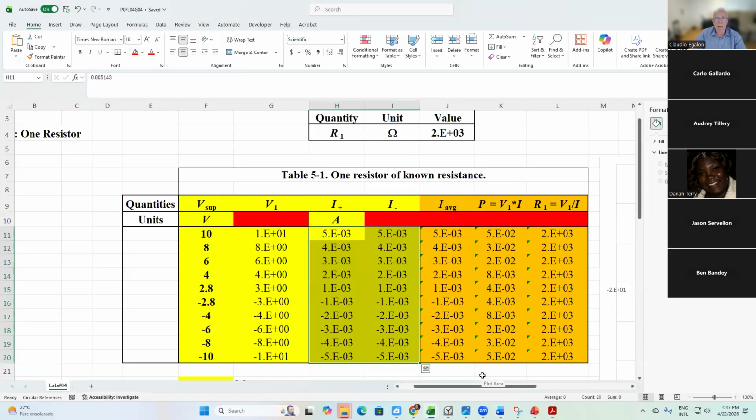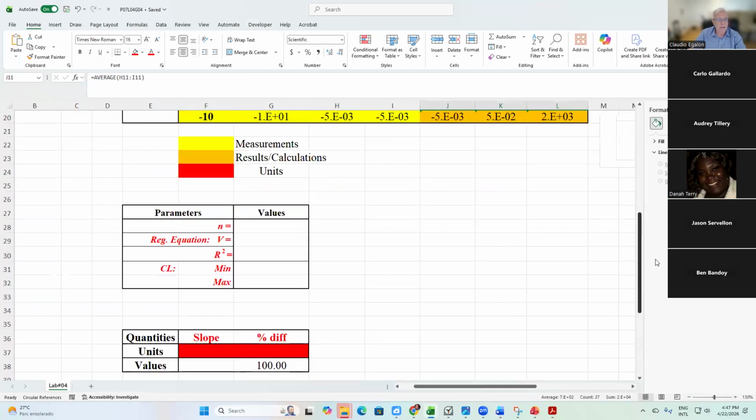And now, here you go. What about for those cells here? You also have to worry about the significant figures.